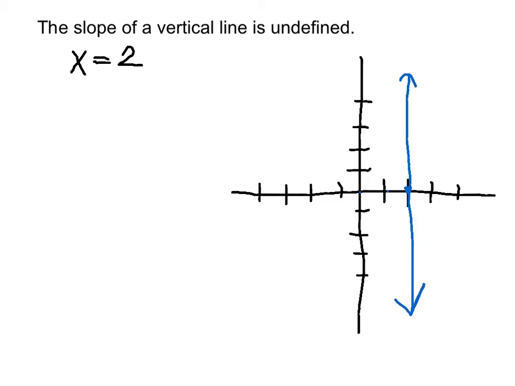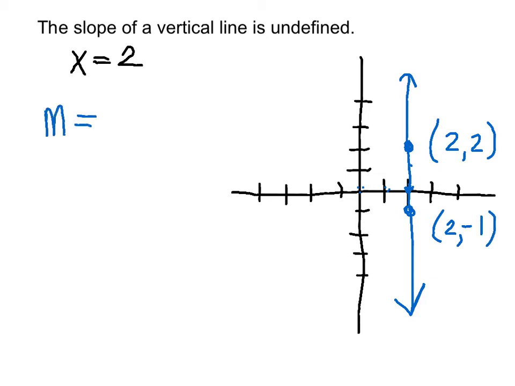I'm going to pick 2 points on this line. This is (2, 2) and this is (2, -1). Let's calculate our slope. It's change in y over change in x.